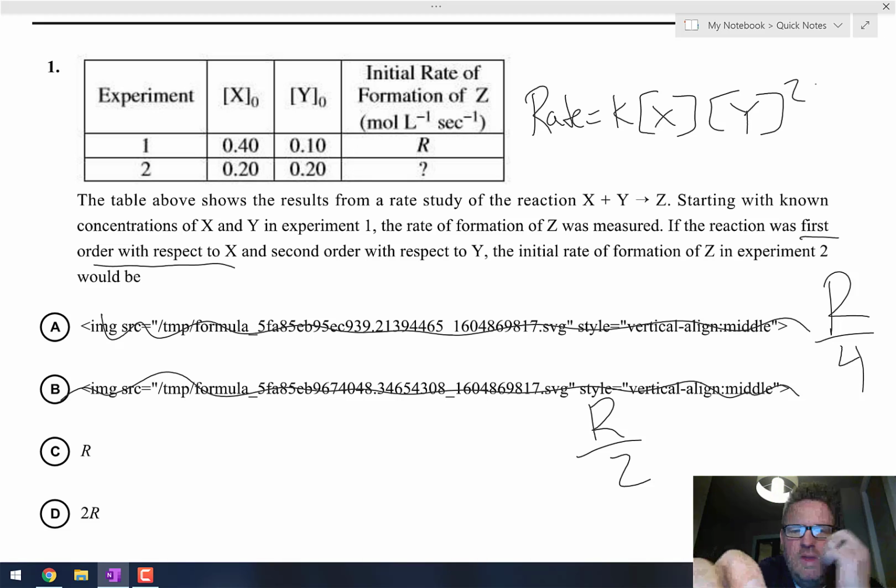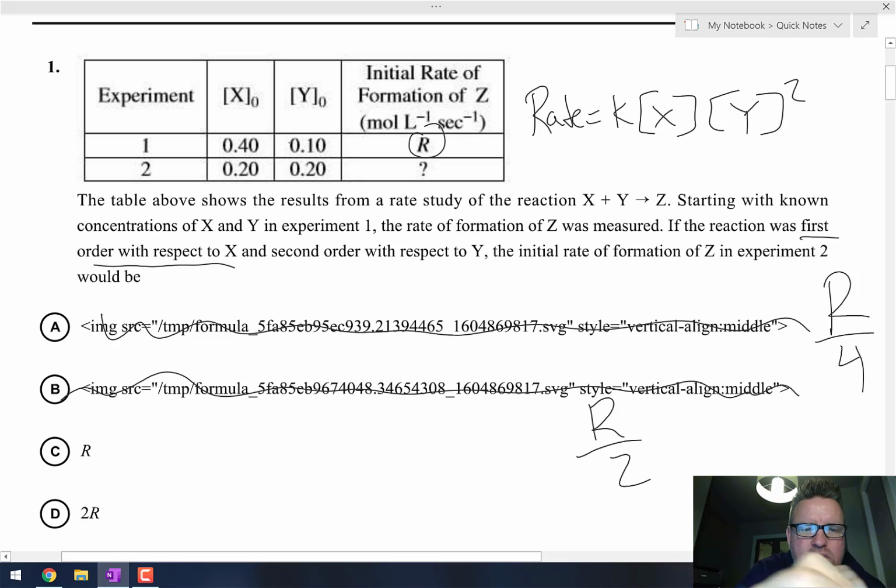So, if the rate of formation of Z in experiment 1 is R, what's going to happen to R when X goes down by half? Well, certainly, since it's first order, they tell us, if X goes down by half, then the rate's going to go down by half. So simply because of X, this rate here is going to become half of whatever it was before.